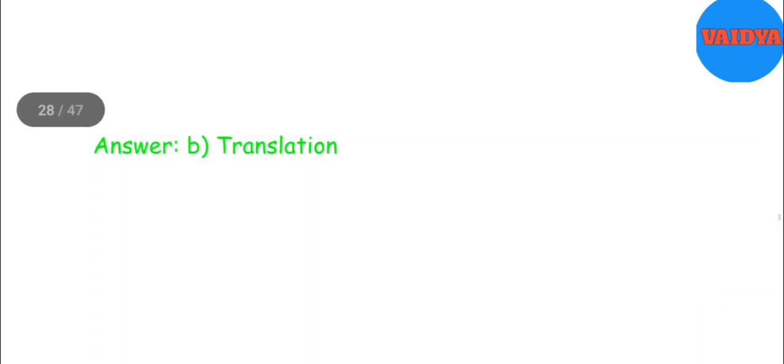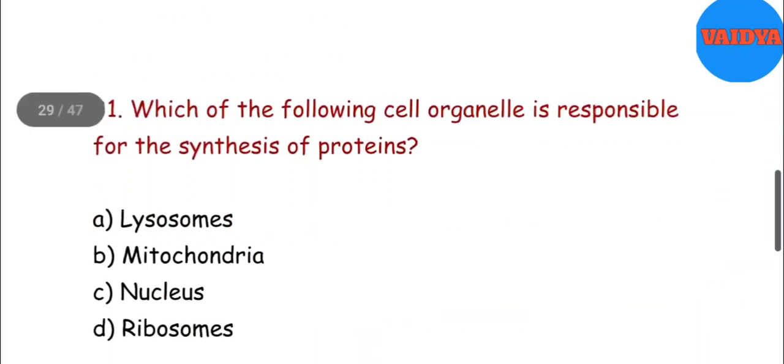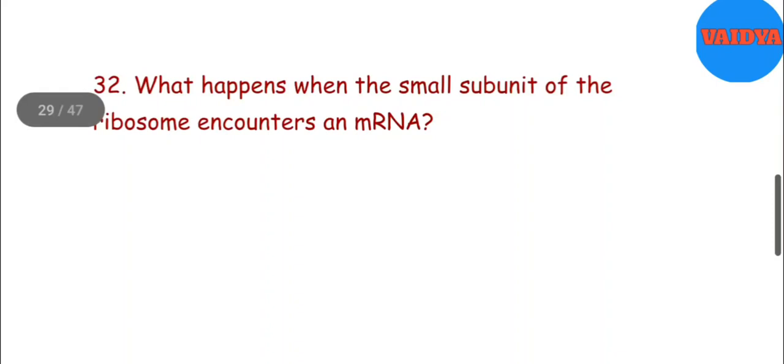Answer. B. Translation. 31. Which of the following cell organelle is responsible for the synthesis of proteins? A. Lysosomes. B. Mitochondria. C. Nucleus. D. Ribosomes. Answer. D. Ribosomes. 32. What happens when the small subunit of the ribosome encounters an mRNA?